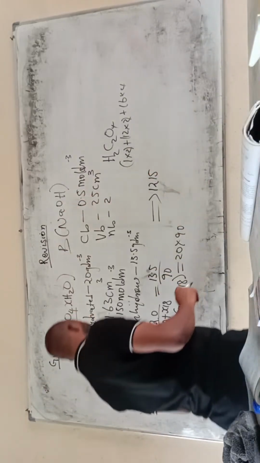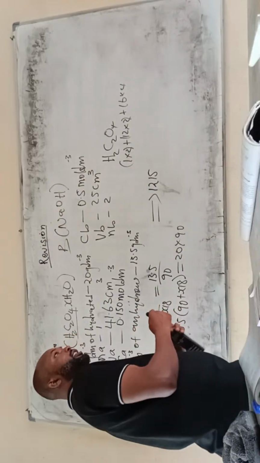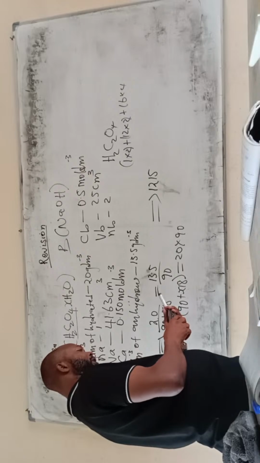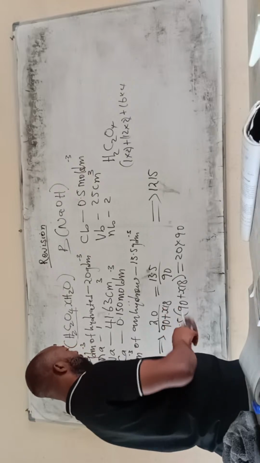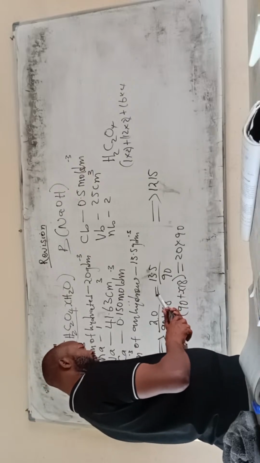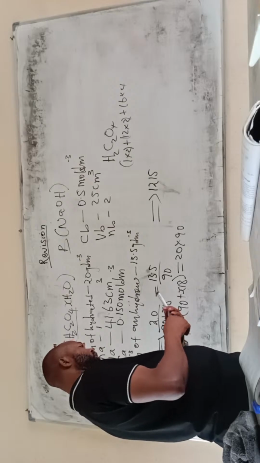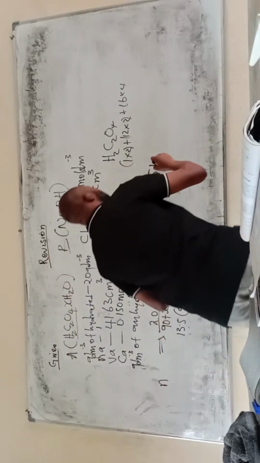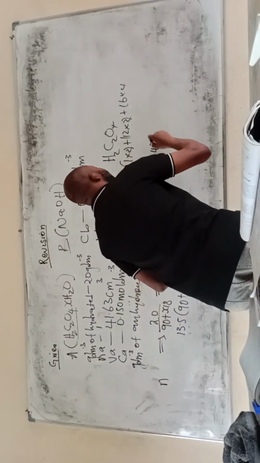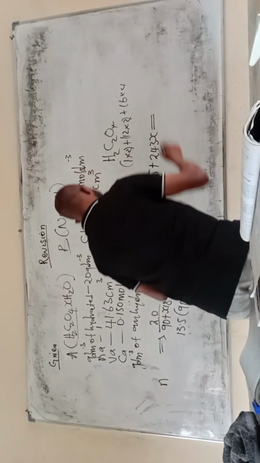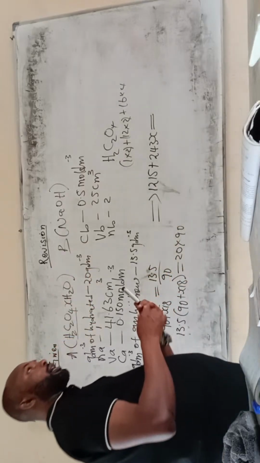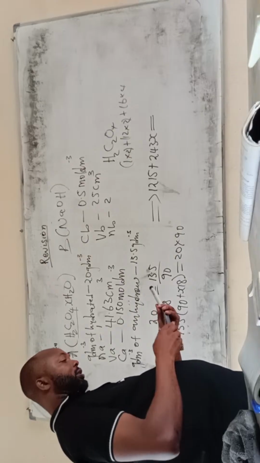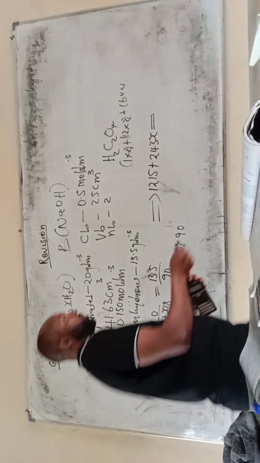Now 13.5 times 18x. 13.5 times 18 is 243, so 243x. This is equal to 20 times 90, which is 1800.